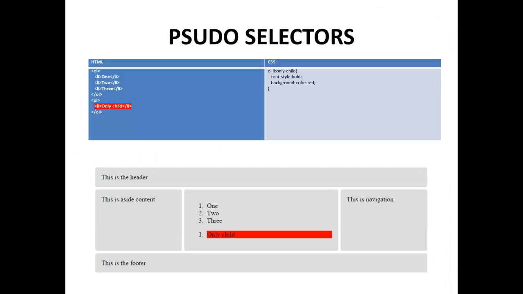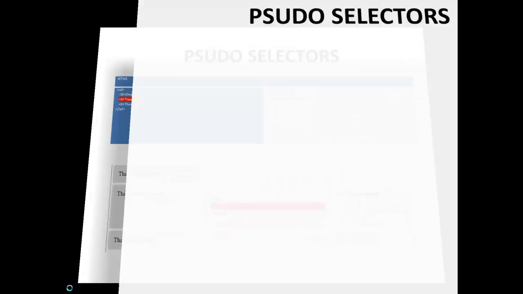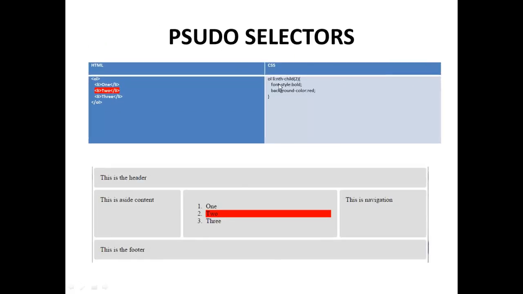So it makes a little bit of sense. Only child, last child, first child. The only one that was probably a little more complex is this one right here, where you're doing the nth child command, which is 2. But let me show you something else.